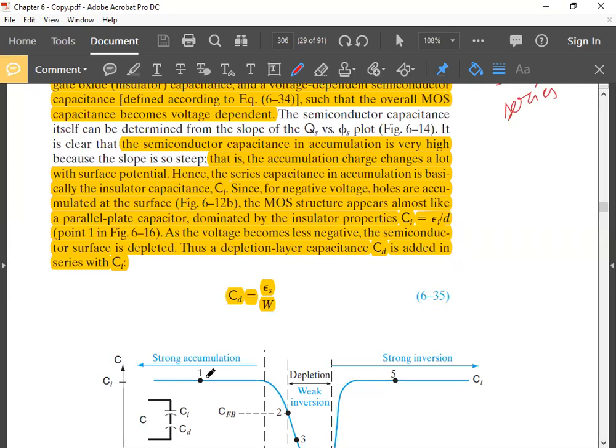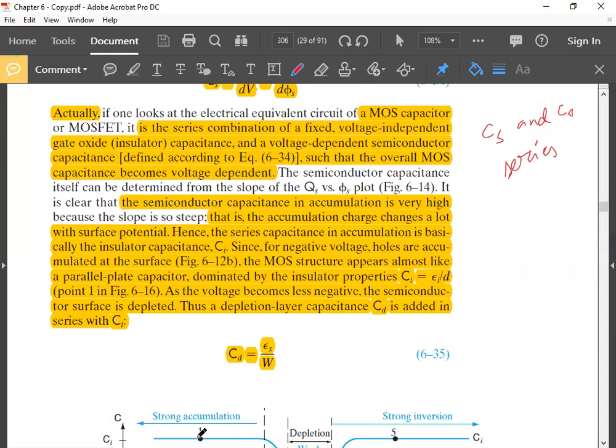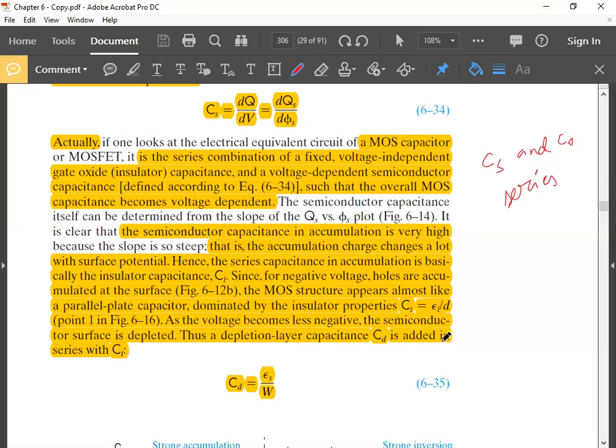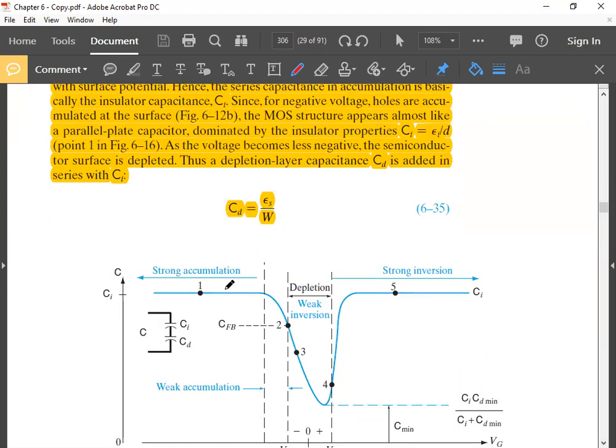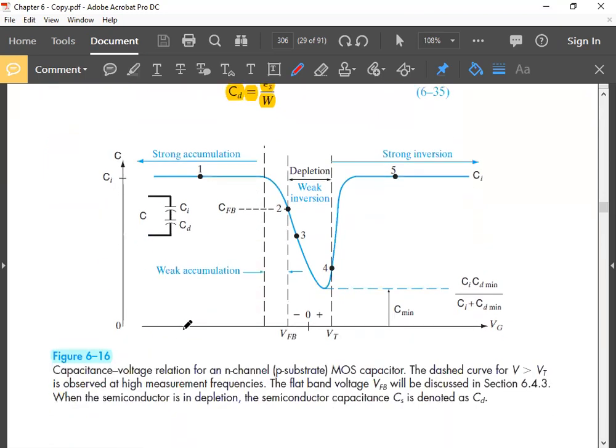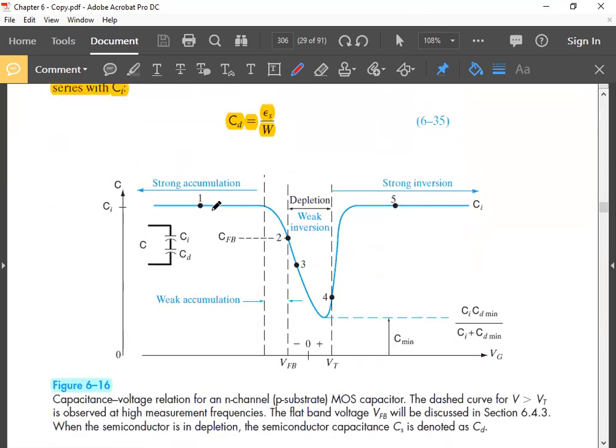So Cs and Ci are in series. When they are in series and one capacitor is large, Cs is large, what is the equivalent capacitance? The effect of the smaller one. Yes. So in this accumulation region, the capacitance is almost Ci, the insulator capacitance, because Cs is large. Okay, understood this part?